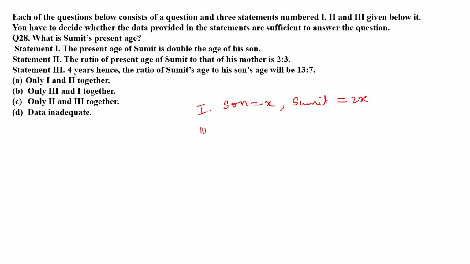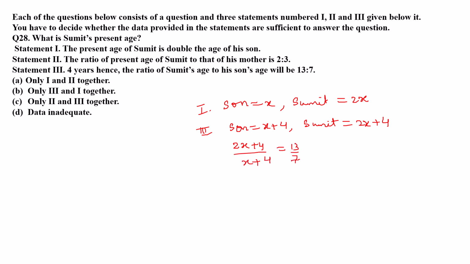Now let's move to the third statement. 4 years hence, after 4 years, the son's age will be x plus 4 and Sumit's age will be 2x plus 4, and the ratio of Sumit's age to his son's, that is 2x plus 4 by x plus 4, is given as 13/7.